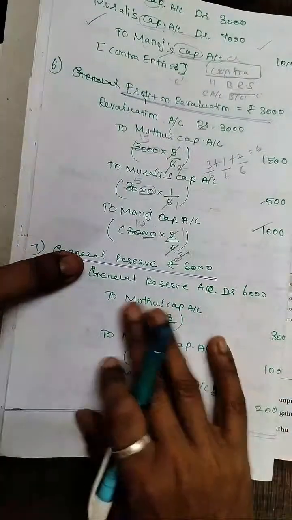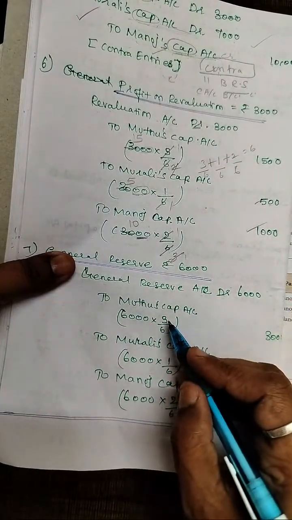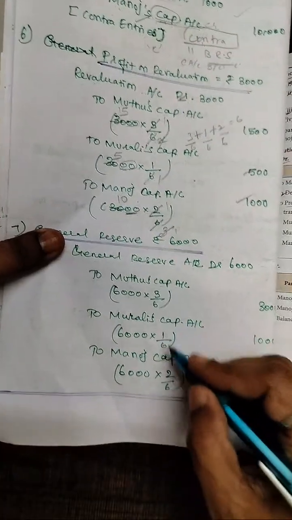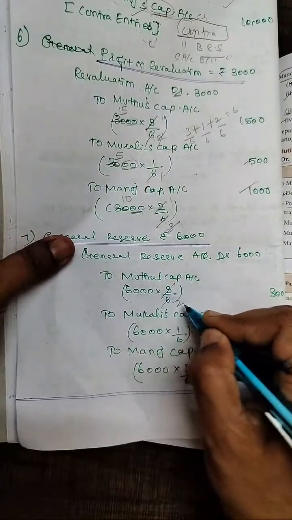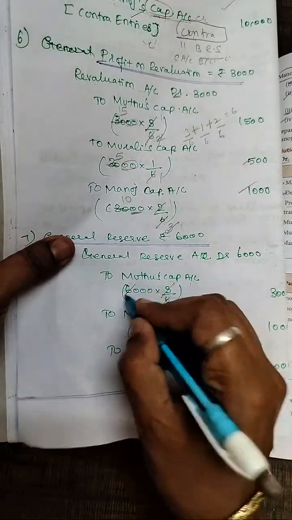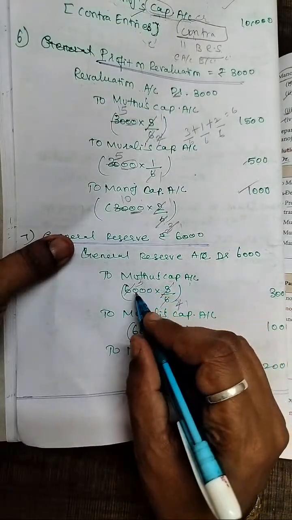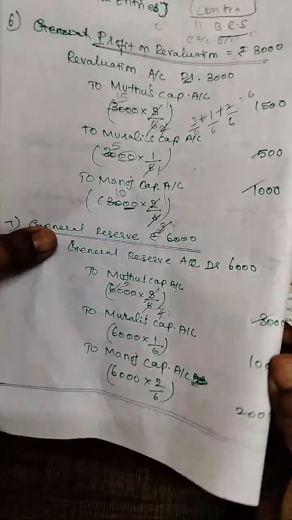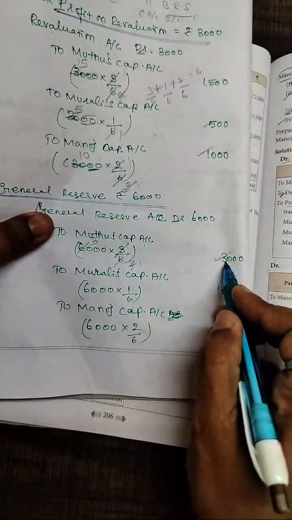Let's take the general reserve value 6,000 rupees. That 6,000 rupees is to be calculated with the respective partners' profit sharing ratio, meaning 3/6, 1/6, 2/6. After calculating, 1/3: 1 twos are 2, 3 twos are 6, right? Remaining we have 3 into 1,000, so 3,000 rupees goes from general reserve to Muthu's capital account with Muthu's profit sharing ratio.